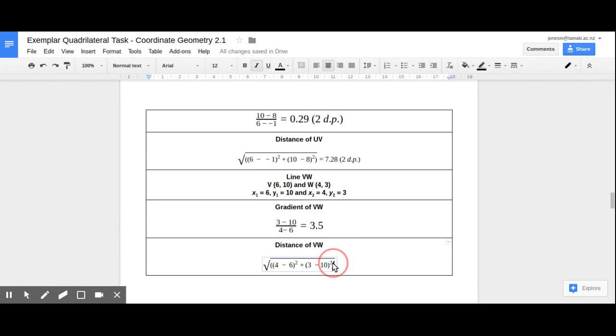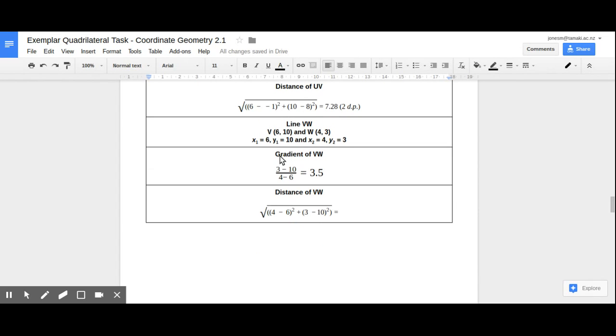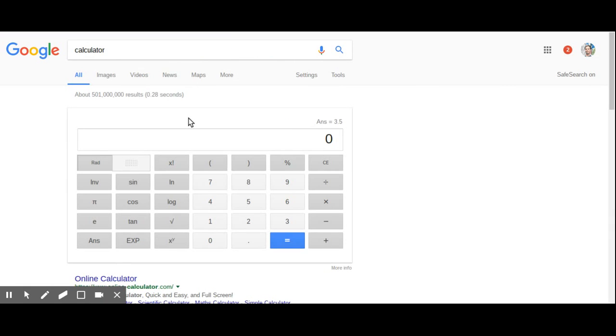Right. Now if I put that in the calculator, I'm going to go to the square root of 4 minus 6, and then squared, plus 3 minus 10 squared.